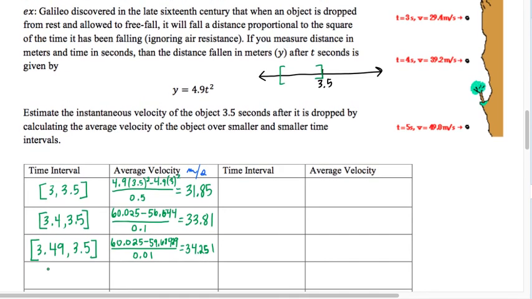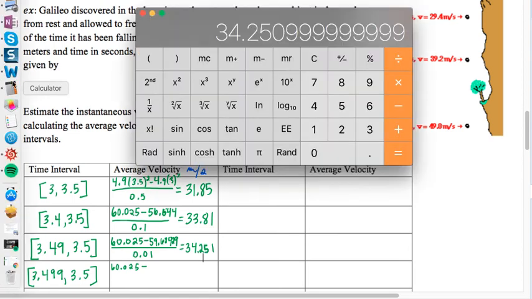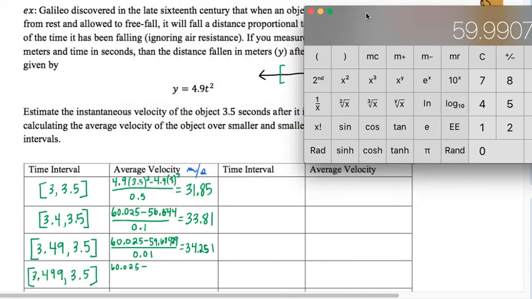So let's do that. Let's go from 3.499 to 3.5. Plugging in 3.5, we'll have 60.025. Okay, when I plug in 3.499 right there, we're going to have 3.499 squared times 4.9 gives me 59.99. I'm just going to round here for the moment for what I write.